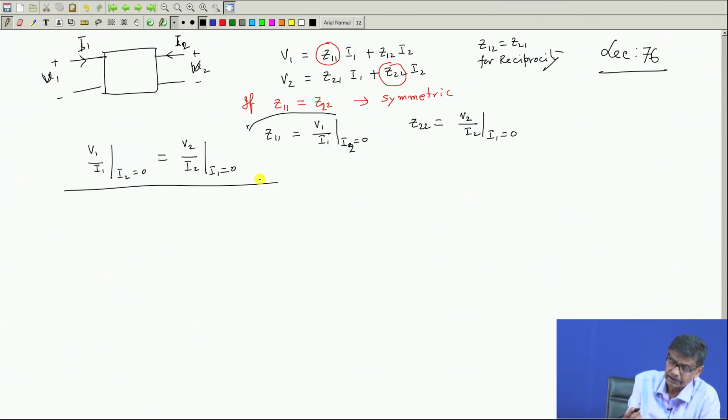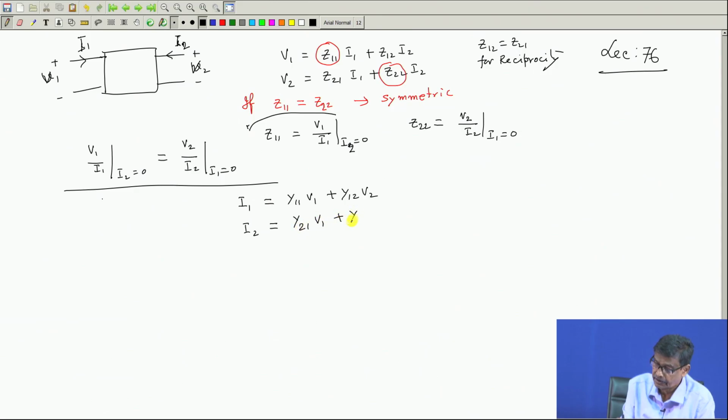So, let us see what happens if we describe the network by admittance parameters. For the Y matrix, I1 is equal to Y11 V1 plus Y12 V2, and I2 is equal to Y21 V1 plus Y22 V2.